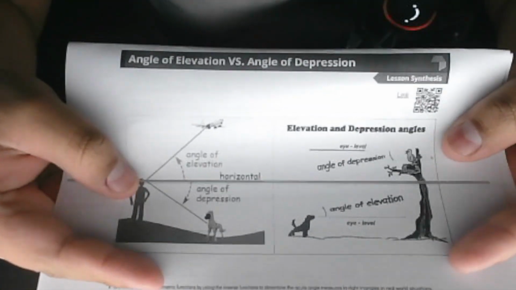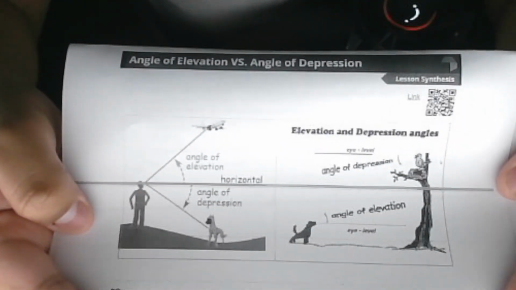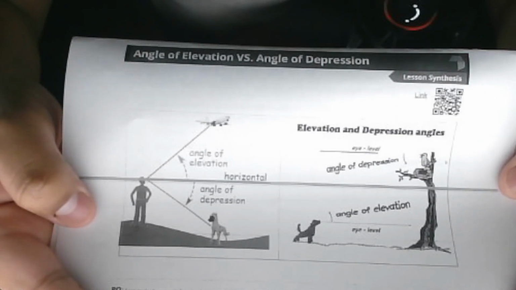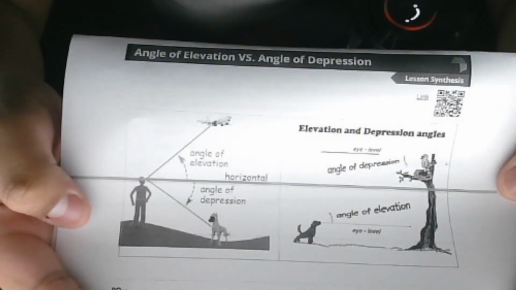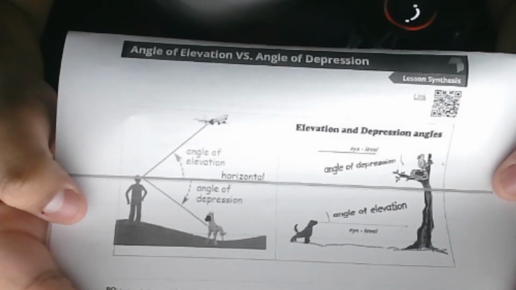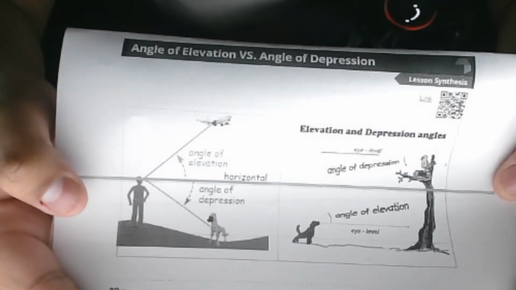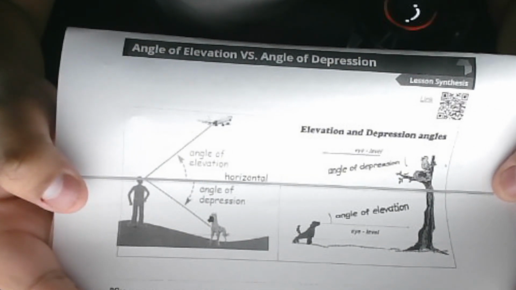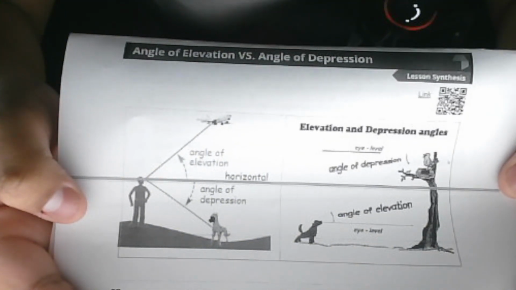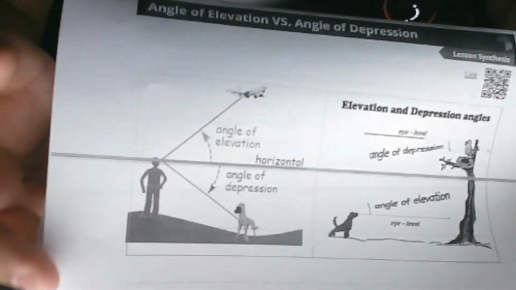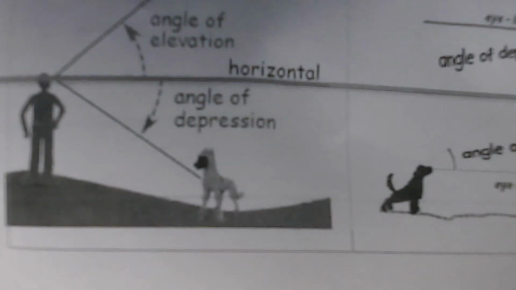If you look up at a helicopter in the sky or a plane, that is the angle of elevation. If it's straight across, that is horizontal. And the angle of depression is when you look down, which is in this case looking at a dog.